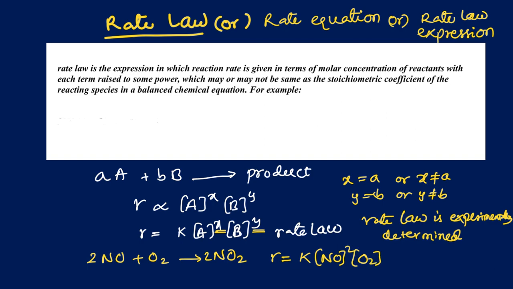So here the stoichiometric coefficients are equal to the powers. So x equal to 2, y equal to 1. Stoichiometric coefficients are 2 here and 1 here. Therefore these 2 and 1 are equal, but sometimes they may not be equal.